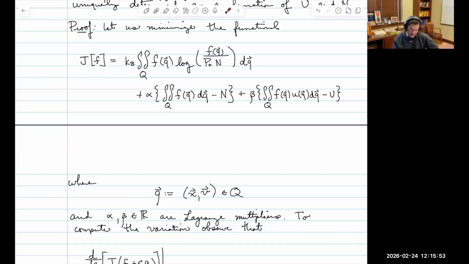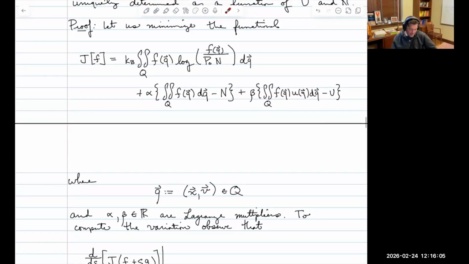This constraint wants to keep the total energy fixed to U, and this one wants to keep the total number of particles fixed to N. Now, just to make life a little bit simpler, anytime I see x and v, I'm going to replace that with the variable q. So q is just my variable for generically a point in phase space. It's got a coordinate of x, a coordinate of velocity. So this is a six-dimensional vector.